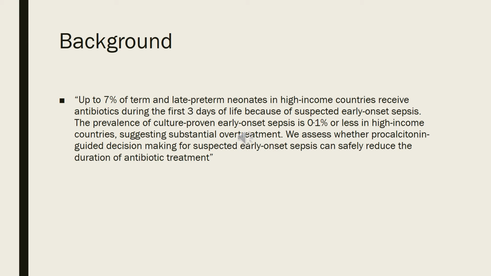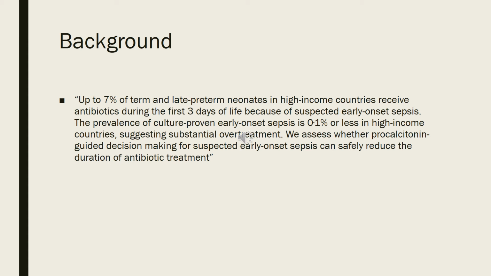So it's up to 7% of these neonates that are getting these antibiotics, but the ones that actually have a culture that proves that they have sepsis is 0.1% or less in high-income countries, which would be us. And so it does suggest that we overtreat this.